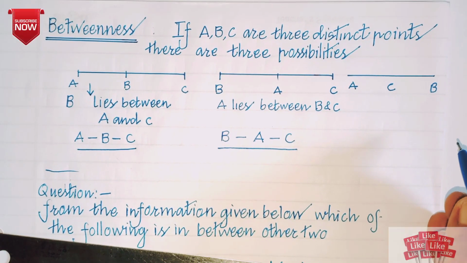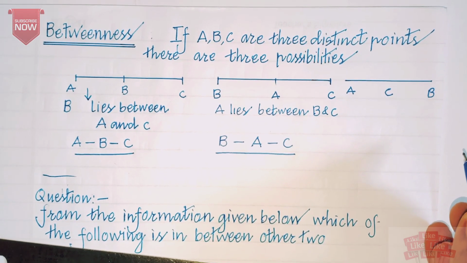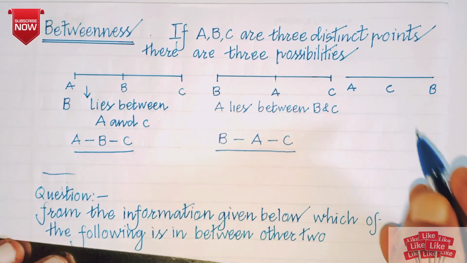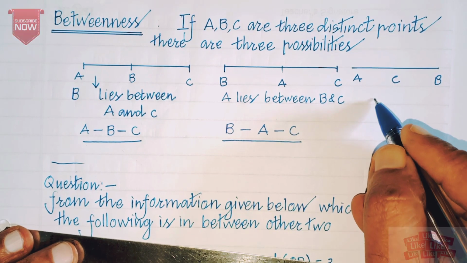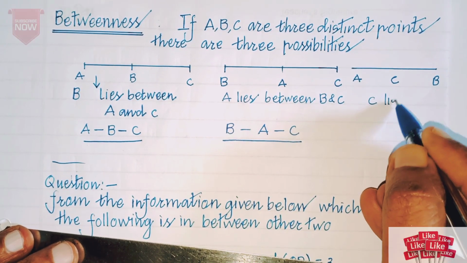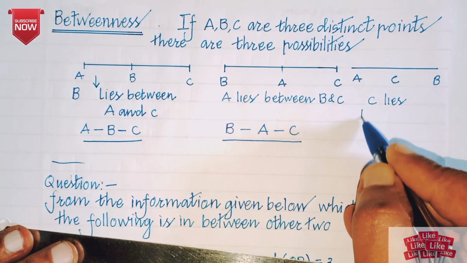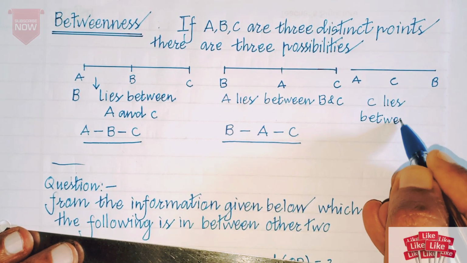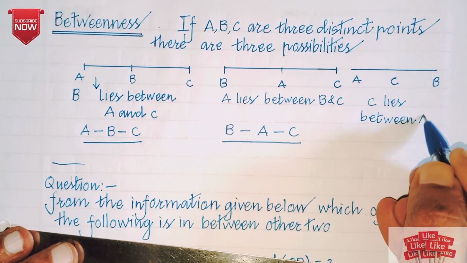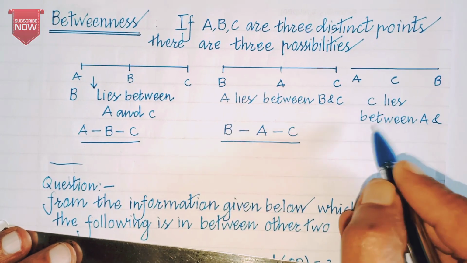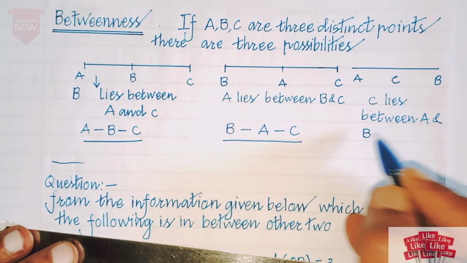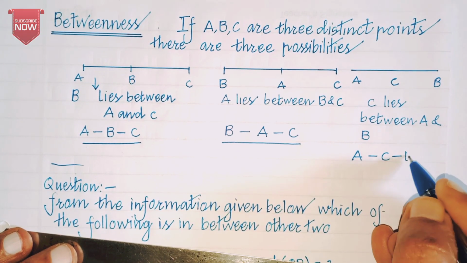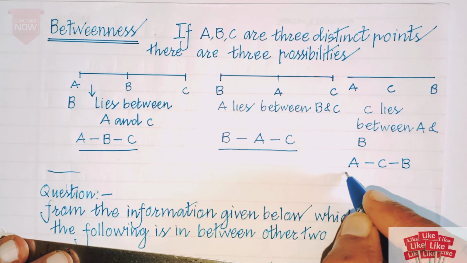It means which letter is in between these two. It can be possible in three different ways. Here C lies between A and B. So A, C, B. It shows the betweenness.